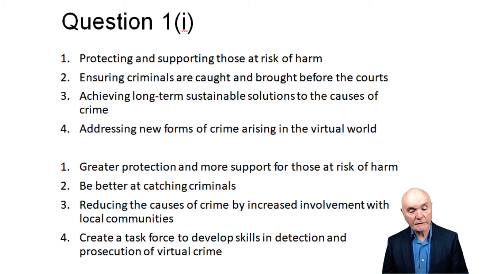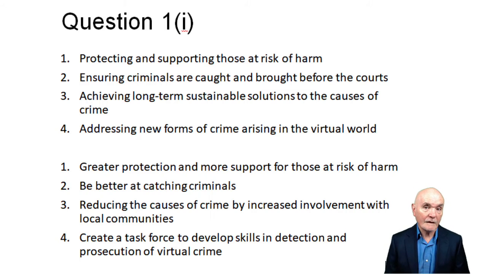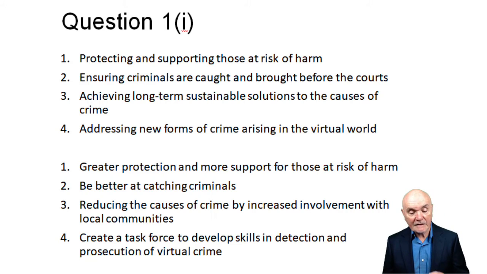So let's look at the first one: protecting and supporting those at risk of harm, and greater protection and more support for those at risk of harm. And the difference really is that the second version requires you to come out with some sort of measurements, to define some sort of measurements, and eventually to calculate some sort of performance.